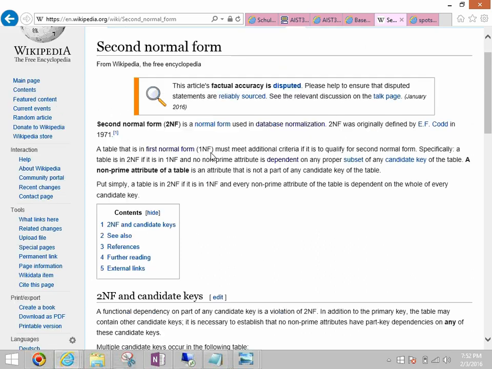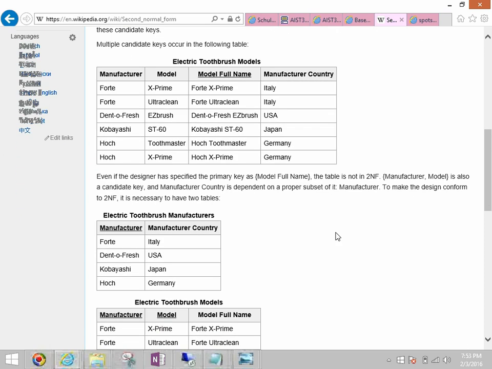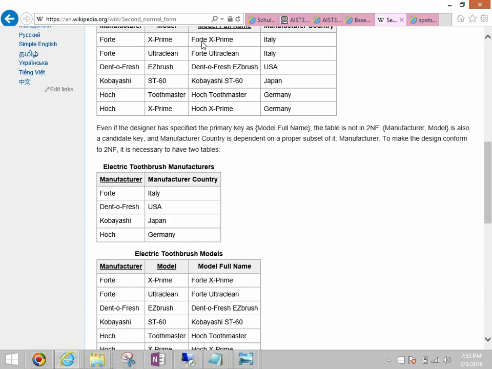There are others, so you can get into examples. Okay. Here's a fine relation, and it's in first normal form. The issue is we have Forte as a manufacturer that is in Italy, and Hope is in Germany, and so we have things that don't depend entirely on the key.